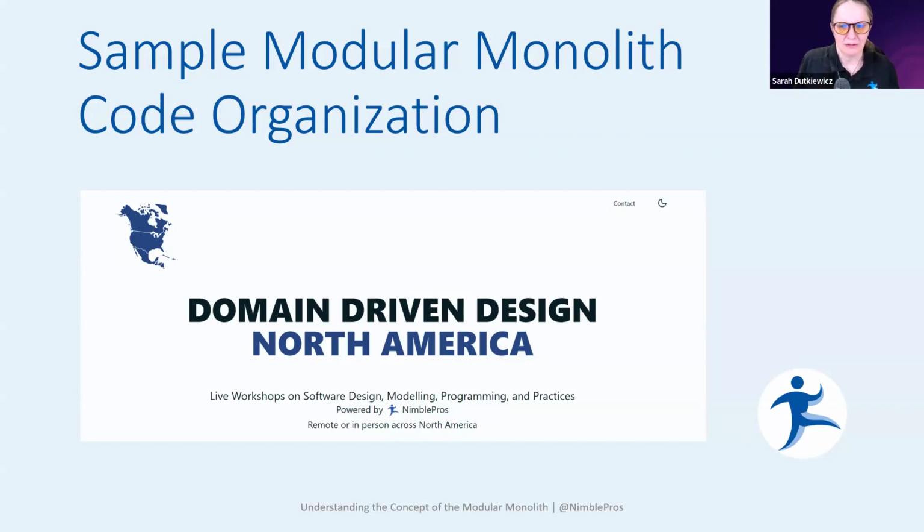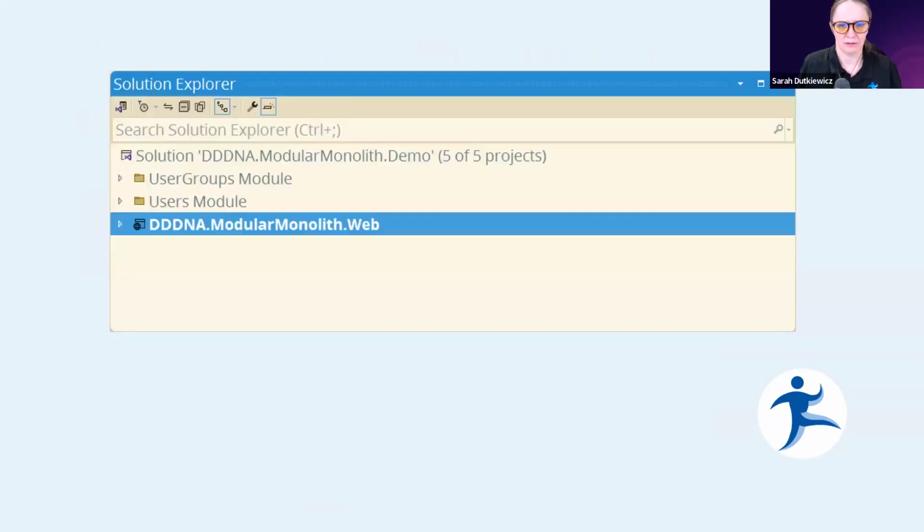All right, so let's take a look at our modular monolith and what that would look like. Before we get into the actual Visual Studio code, I want to walk you through the layout. I've got my solution, and within my solution I'm going to have solution folders specifically for each module.